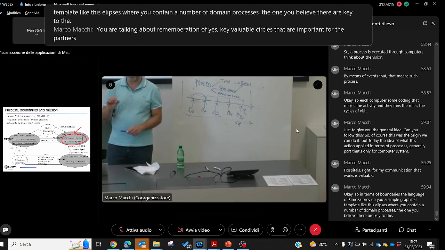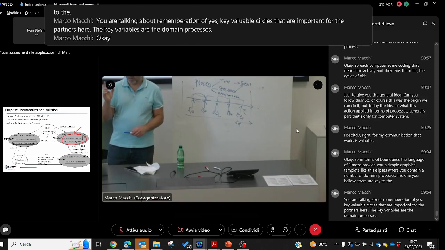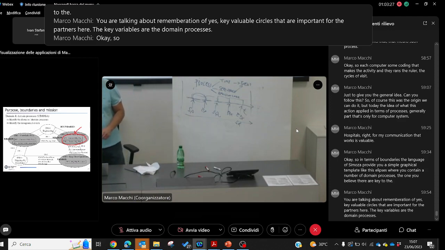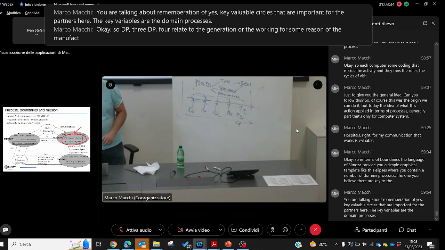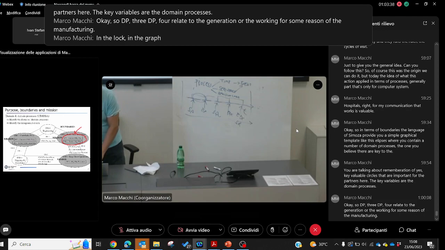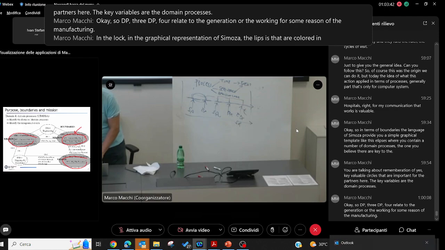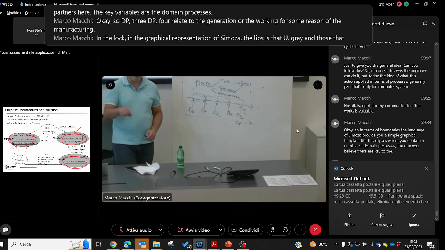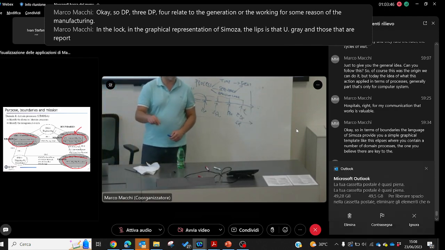Here, the key variables are the domain processes. Okay? So, DP3, DP4 relate to the generation or reworking for some reason of the manufacturing plan. In the graphical representation of SIMOSA, the ellipses that are colored in gray are those that are important within the domain, so within the boundaries.